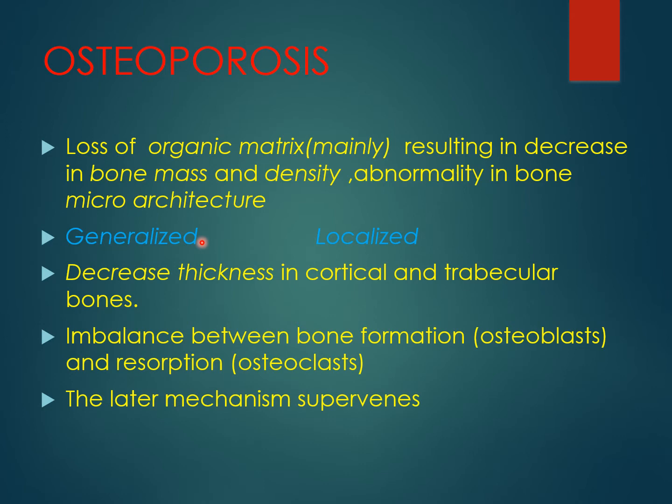By and large, when we say osteoporosis, we mean generalized or osteoporosis involving most of the bones of the body. This may be in the cortical bone or trabecular bones. Now there will be imbalance in the bone formation, that is osteoblastic activity, and bone resorption, that is osteoclastic activity. In most situations, there is decline in osteoblastic activity and increase in the bone resorption, that is more activity of the osteoclast.